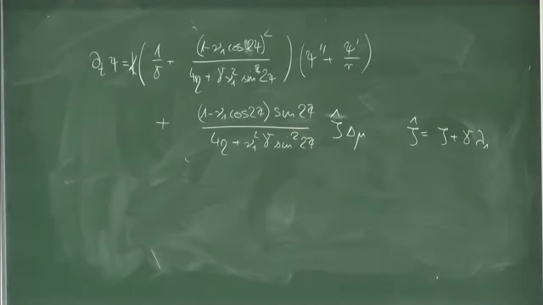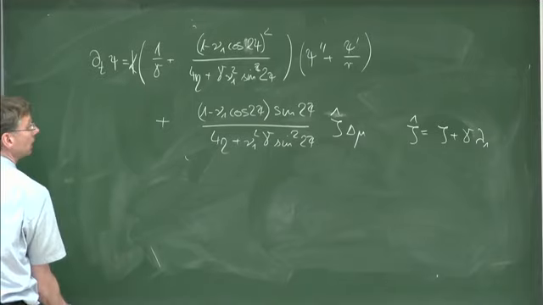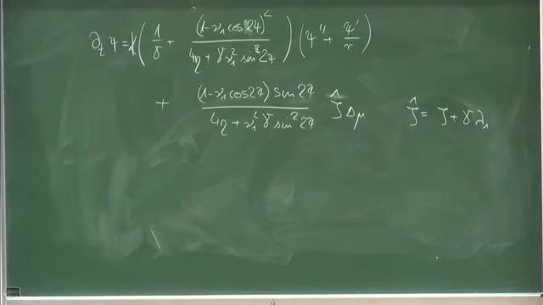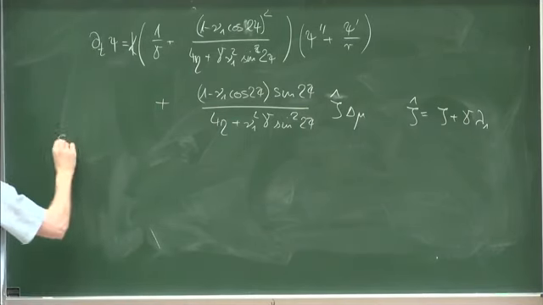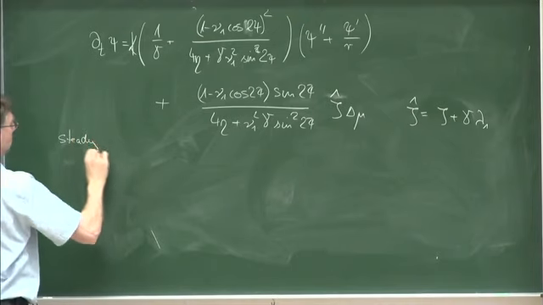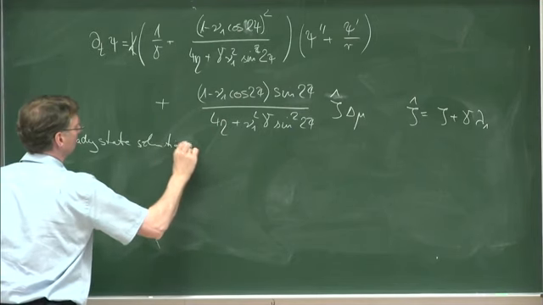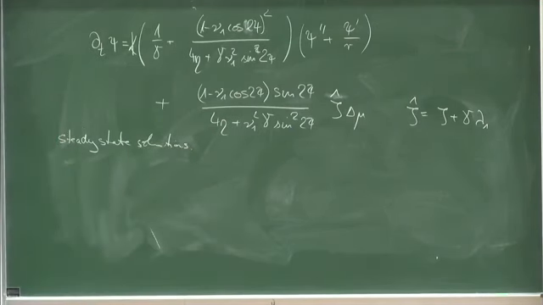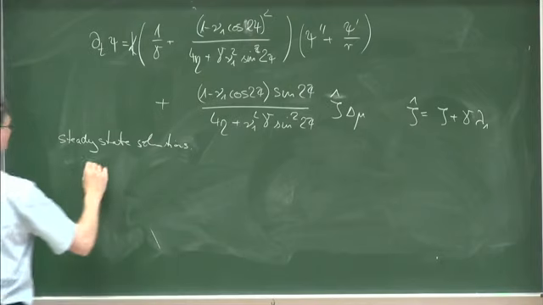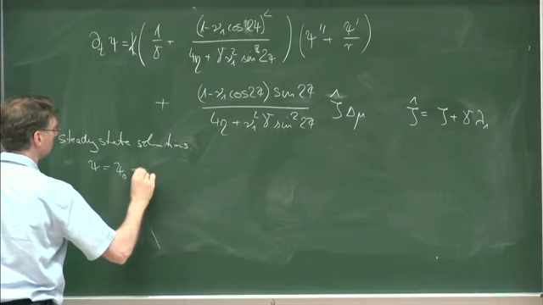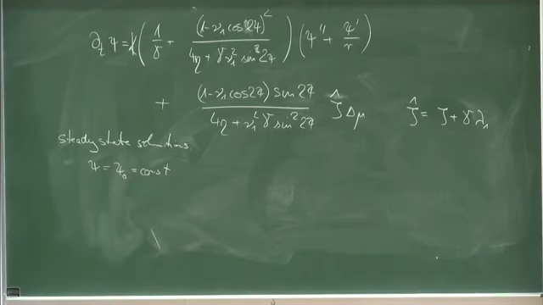Okay, so what do we get from this equation? So first of all, we get steady state solutions. And there are some easy ones, namely when psi is a constant. And these are basically the only ones I'm going to consider.